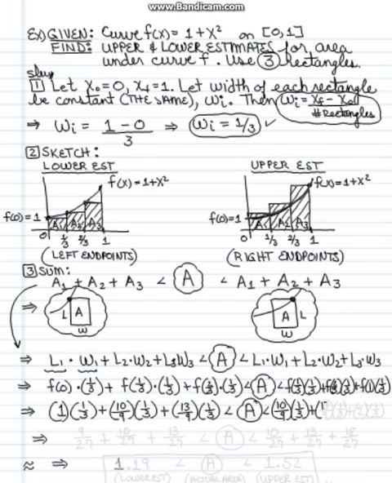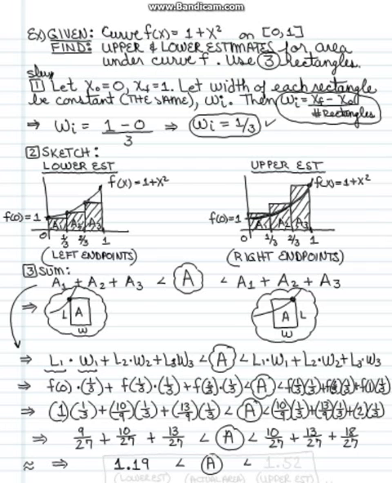That's less than the actual area under the curve, which is less than the function evaluated at 1/3, which is 10/9 times 1/3, plus the function evaluated at 2/3, which is 13/9 times 1/3, plus the function evaluated at 1, which is 2 times 1/3. So we're simplifying that. We get 9/27 plus 10/27 plus 13/27. That's with the common denominator. That's less than A, which is less than 10/27 plus 13/27 plus 18/27.